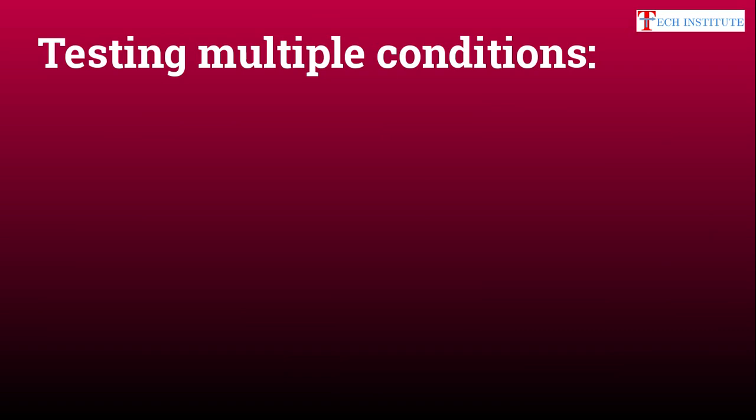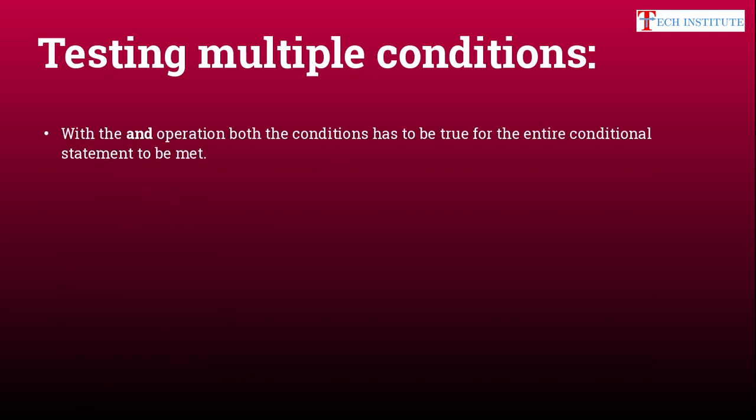Now one more thing we will see. Till now we are checking one variable, like whether the variable value is true or false, or whether the variable is defined. That is very simple. You can create multiple conditions also, and you can make them complex conditions. Suppose you want both conditions to be positive, or all the conditions should be met, and only then it will run. In that case you can use AND operations.